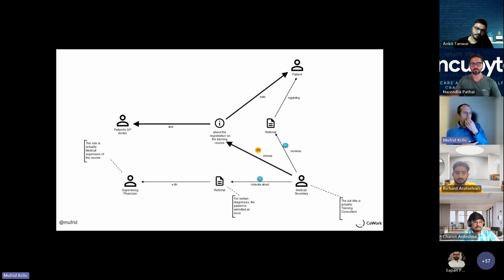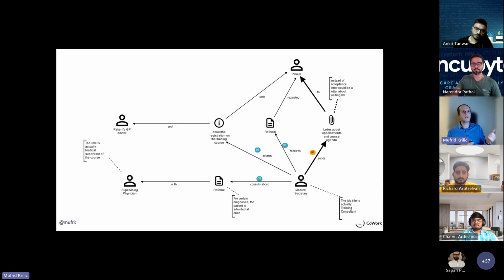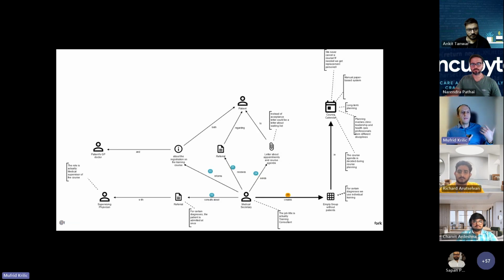So the medical secretary, or training consultant, informs the patient and the patient's general practitioner about the registration for the training course, sends a letter about appointments and course agenda, and creates an empty group without patients and puts it in a course calendar. And all these different interesting things start to happen.